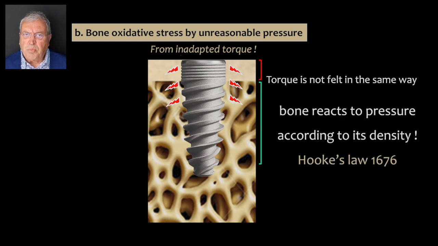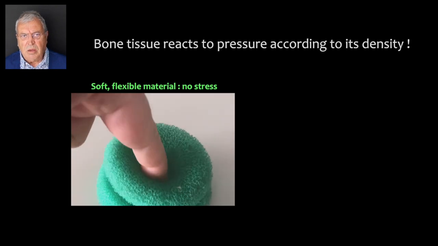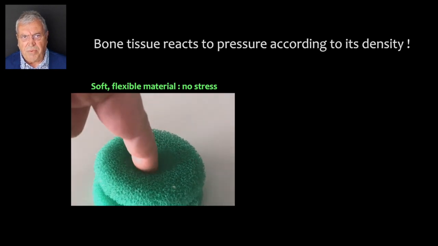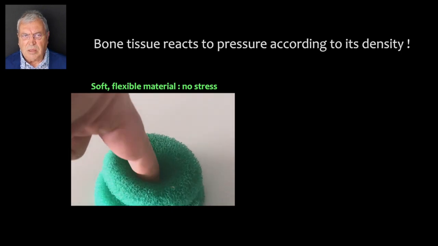The bone reacts to pressure according to its density. This is the law from Hooke, who published the law more than 350 years ago. Bone tissue reacts to pressure according to its density. When the bone is soft, flexible, we will not meet stress.